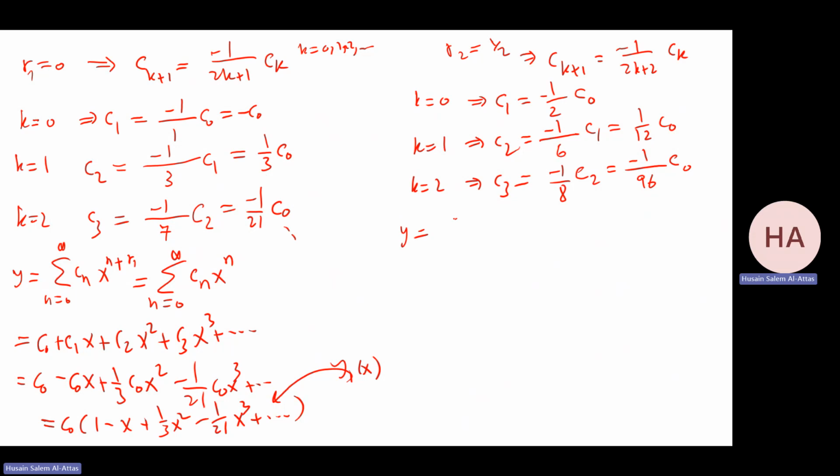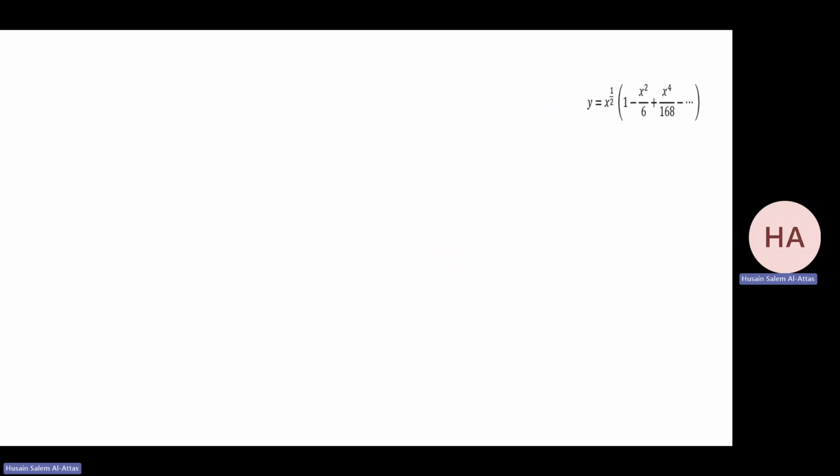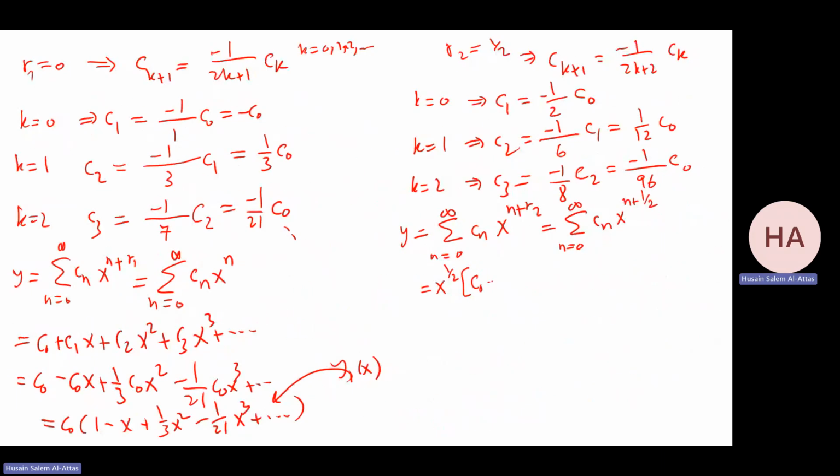So the solution will be the summation n equals 0 to infinity of c_n x to the power n plus r2, and that will be the summation of c_n x to the power n plus half. This x to the power half I can take out. I'm getting c0 plus c1 x.